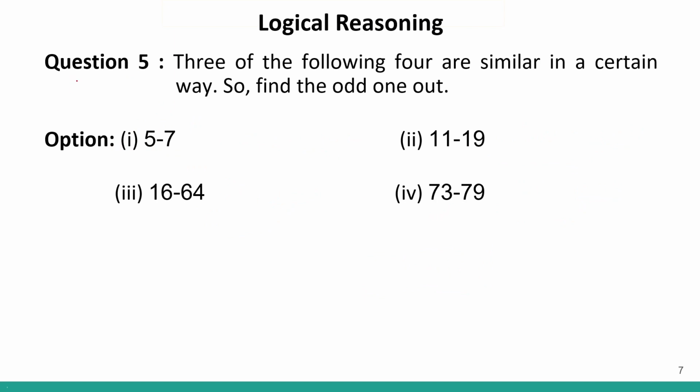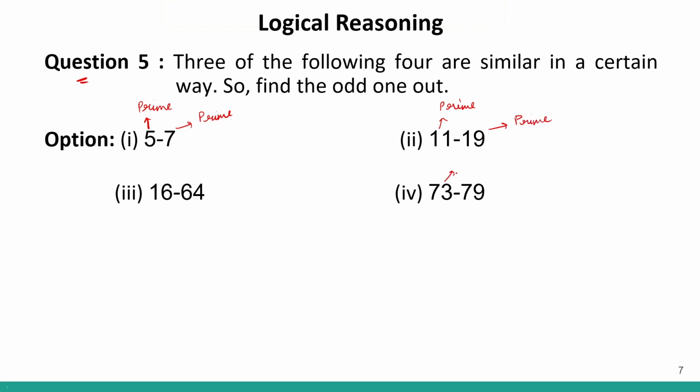Now, question number 5. In question number 5 again, 4 options are given to us, and we have to identify which of these is the odd one out. So if I look at option number 1, we have 5 and 7. Correct? If I look at 11 and 19, we have 16 and 64 and we have 73 and 79. In this question, I can see that 5 is a prime number. Similarly, 7 is also a prime number. 11 is a prime number as well as 19 is a prime number.